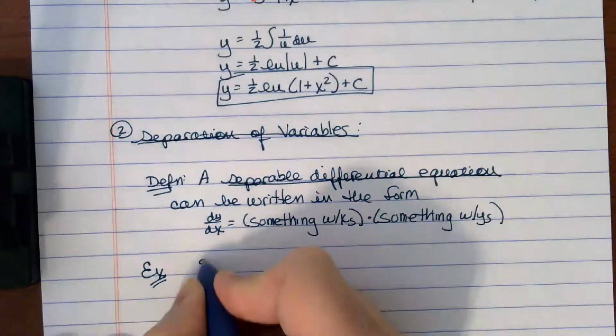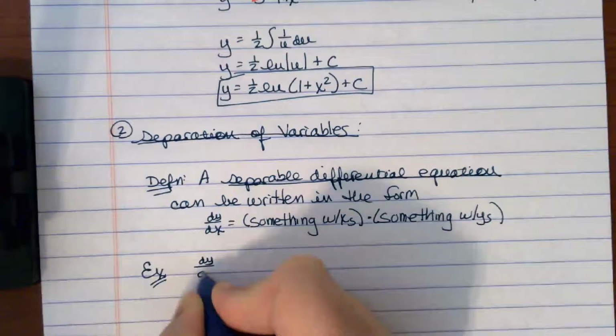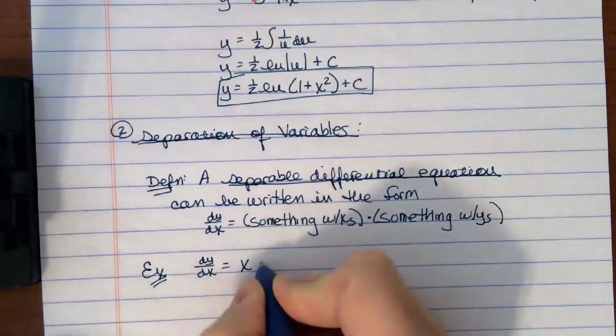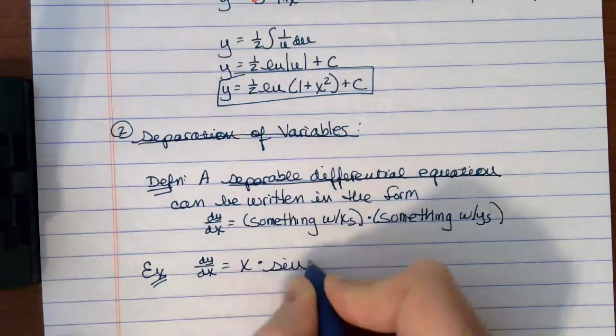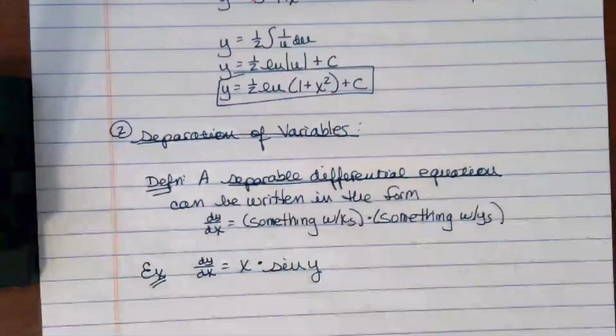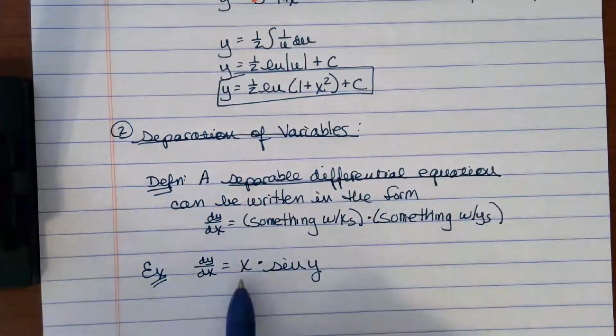So for example, dy/dx equals x times the sine of y is a separable differential equation because I can write it as something with x's times something with y's.